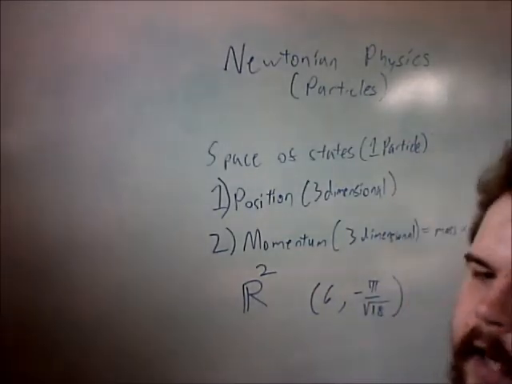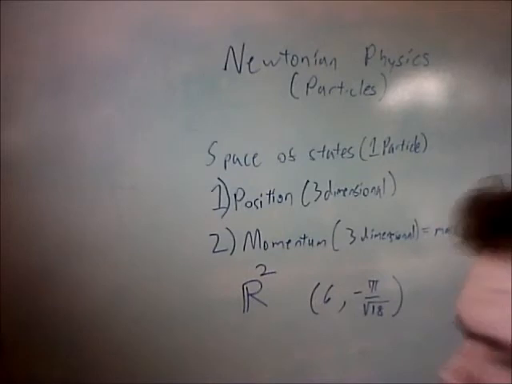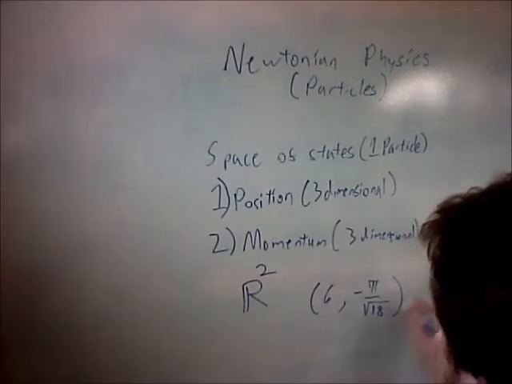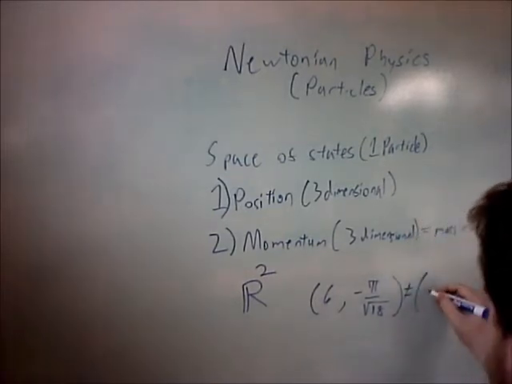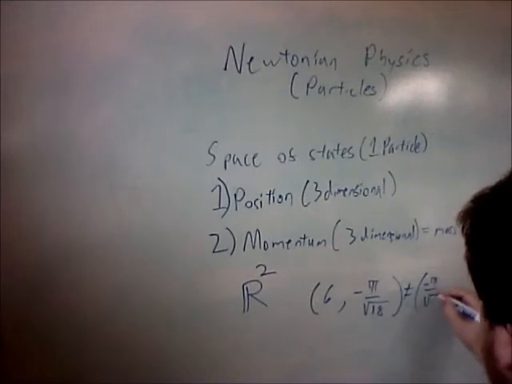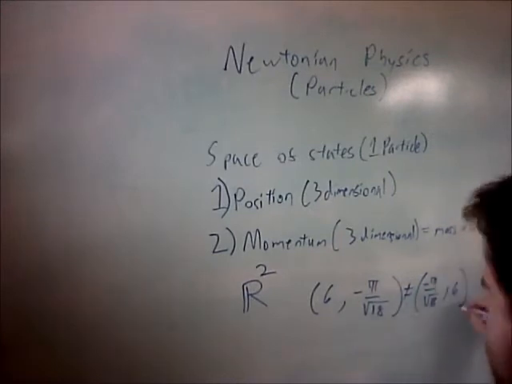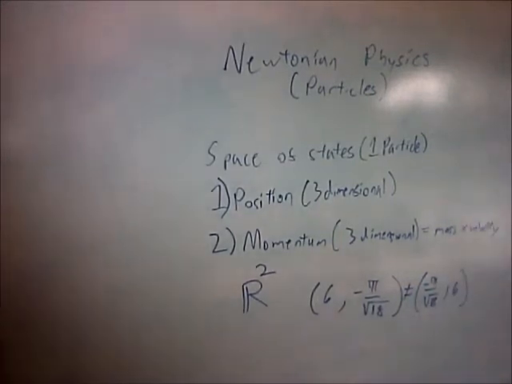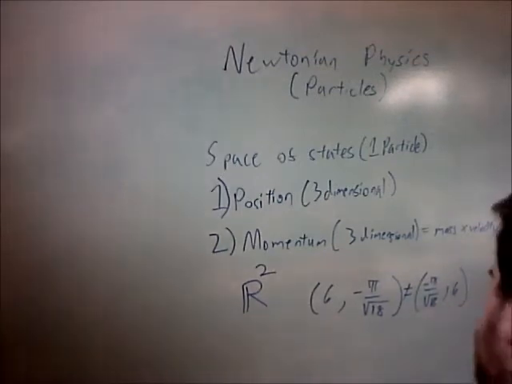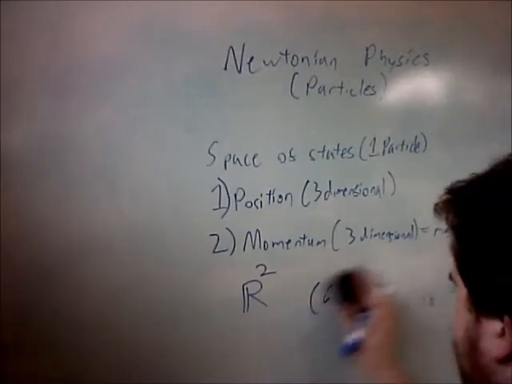That would be an element of R squared. Now, this element is not the same as minus pi over the square root of 18, 6. So, the important thing to remember, once you add additional dimensions to this, is that the order is very important. The order matters. These are 2 different points.